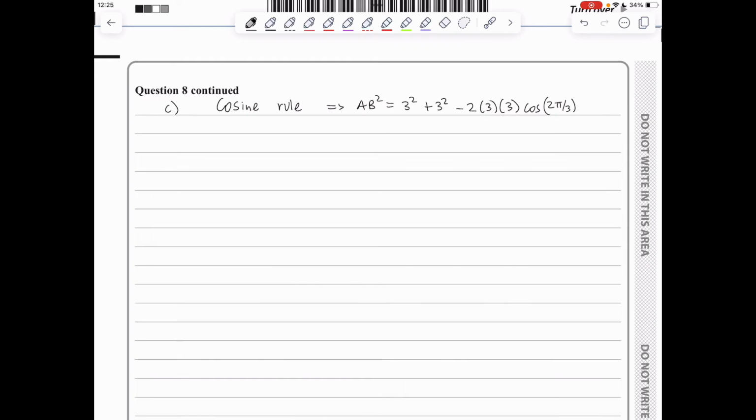Putting everything on the calculator gives that AB squared is equal to 27, and therefore AB is the square root of 27, which can be written as the root of 9 times the root of 3. So this is 3 root 3 meters as required.